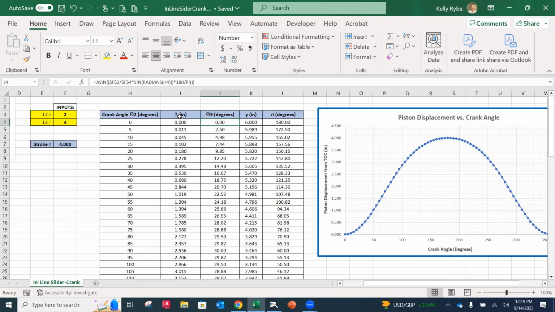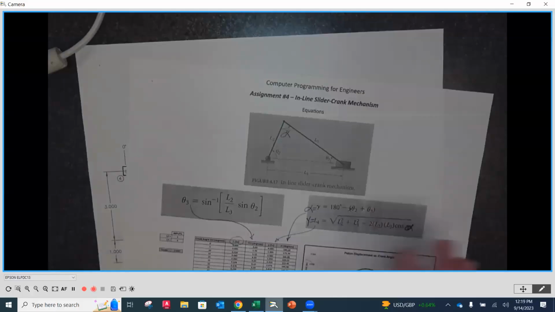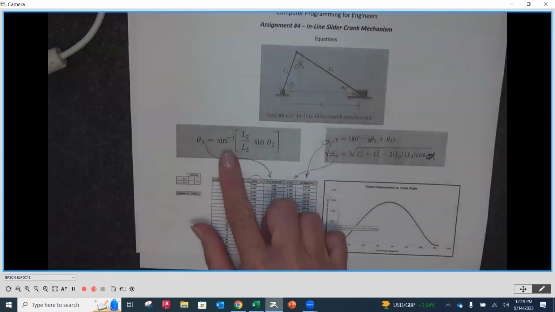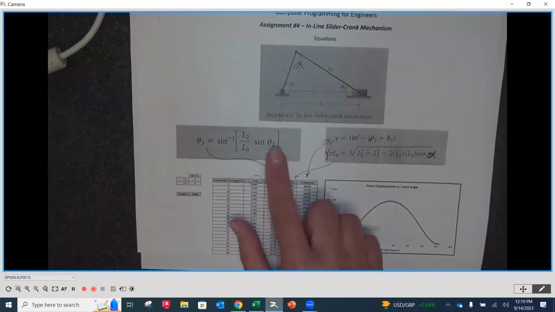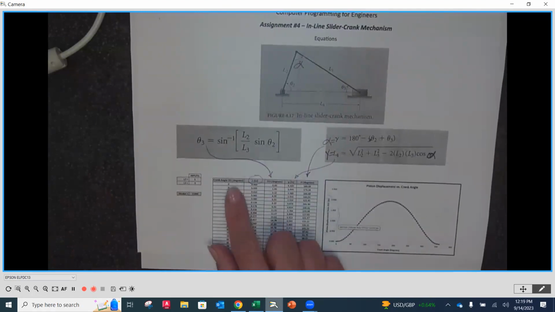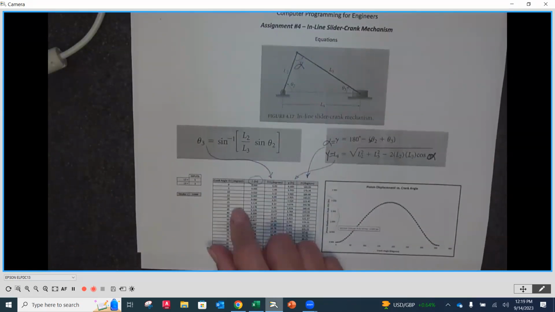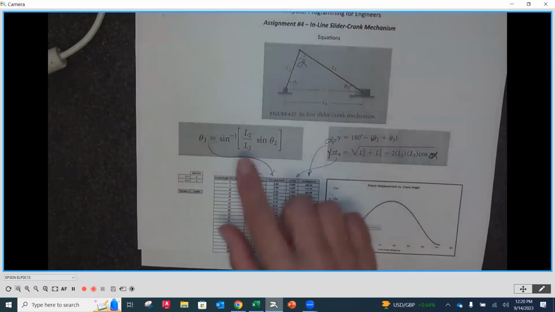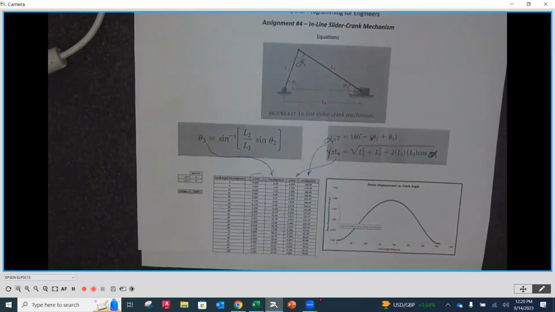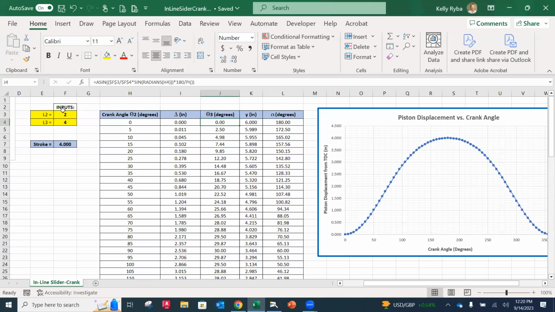And you're going to use this equation right here for that column. Now, theta 2 here, just as a reminder, is our crank angle, so that's always going to reference this cell right here. Now, I want to remind you that L2 and L3 are inputs on our spreadsheet and they're not going to move.